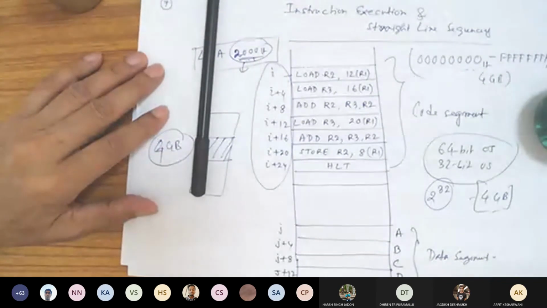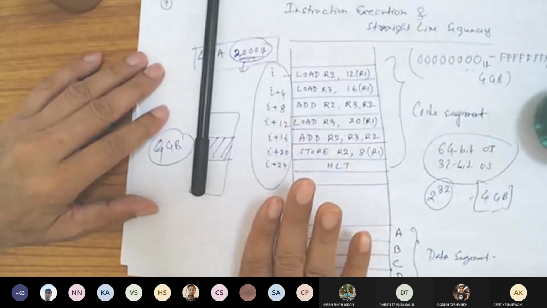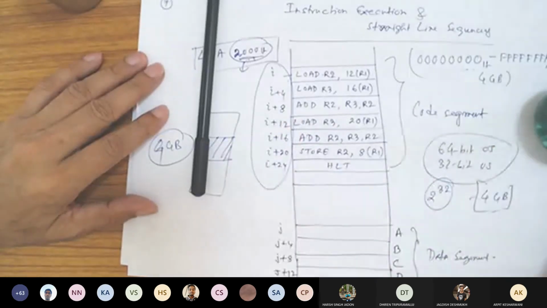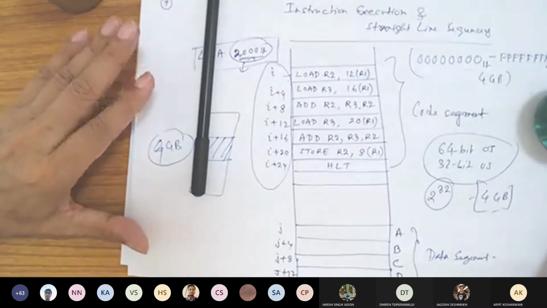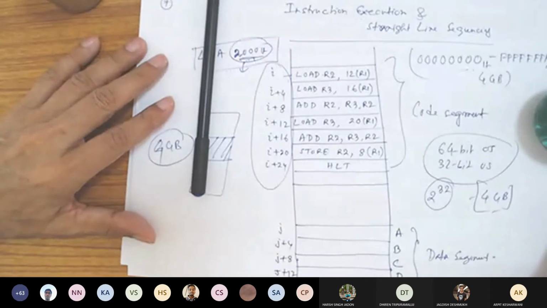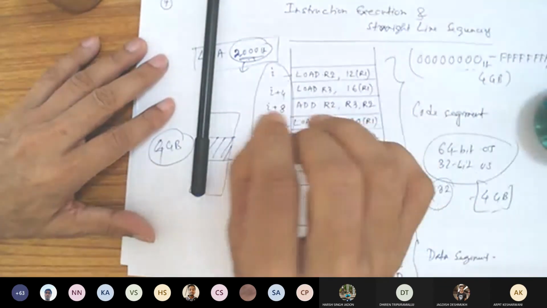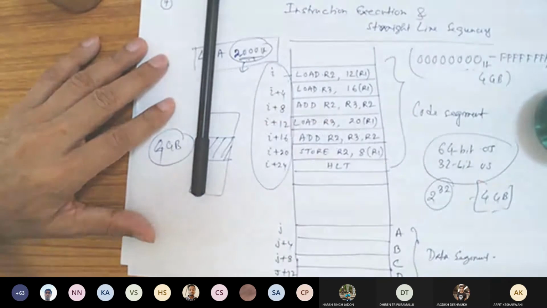Okay, I have spent a substantial amount of time just to explain this one, because I want to avoid describing all instructions one by one. I feel that if the base is clear, the next part will be very easy for you. You can simply read the instructions. I will just list down the instructions, and you shall be able to understand them.